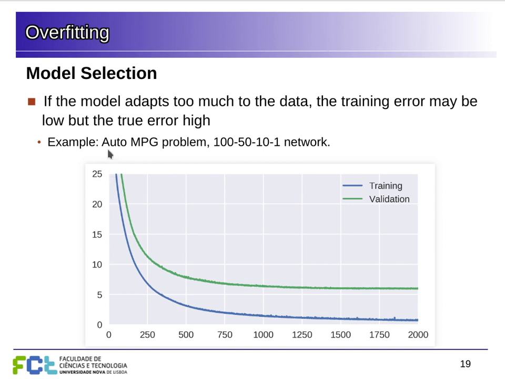Not only other hyperparameters, but this would be an example for selecting the best model. This is an example using the problem we saw last week, the miles per gallon problem. In this case, I trained a network that has a layer of 100 neurons, then 50, 10, and finally 1 neuron with a linear output to predict the miles per gallon value. And this is the error, the mean quadratic error that I get during training.